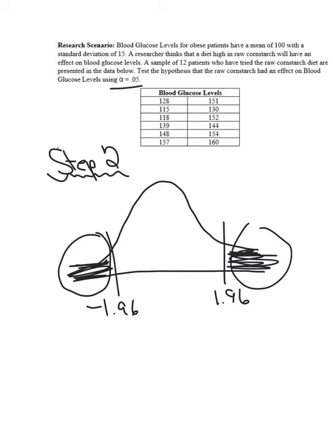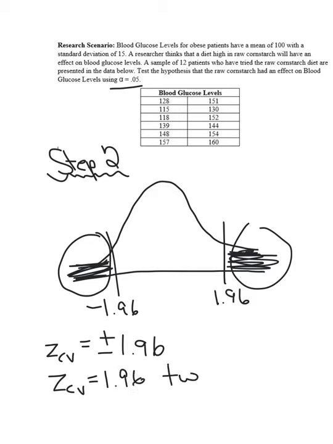So for this answer, I would accept this if you want to draw the distribution, or if you just want to write z critical value equals positive or negative 1.96, or you could write z critical value equals 1.96, 2-tail.